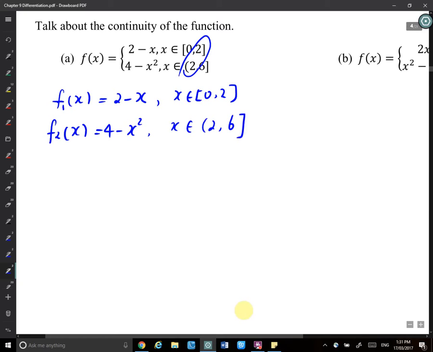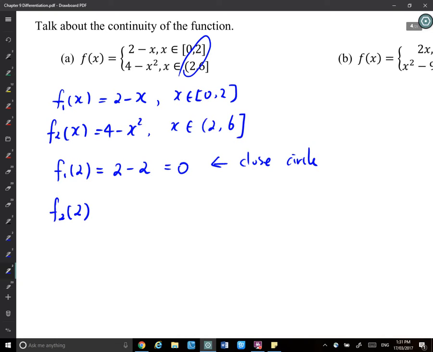Okay, 2 is the problem point, so we think about 2. What is f1(2)? f1(2) is 2 minus 2, which gives you 0. This is a closed circle, because you can take the point 2, so it's a closed dot.